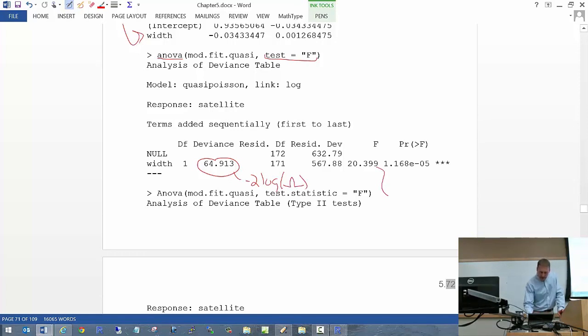And then this F is negative 2 log lambda divided by gamma hat. Remember, gamma hat was about 3. So I take 64 divided by 3. What do you get? About 20. Using an F distribution approximation, we still get a very small p-value in this case, not as small as what we probably would have had before. I don't remember what it was before. This says that there is strong evidence that width does matter.